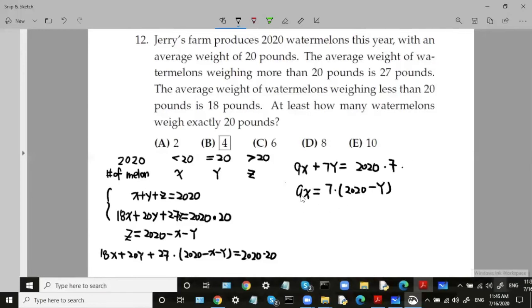As you see, here we have a factor of 9, while for this term we only have a factor of 7. So the factor of 9 has to come from 20 minus y. That means 20 minus y has to be divisible by 9.